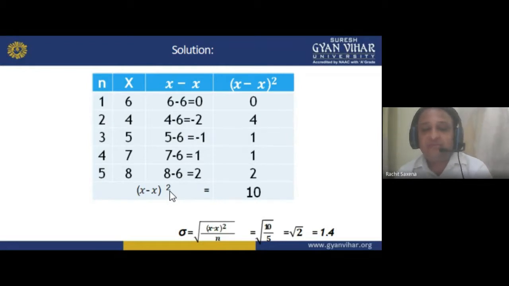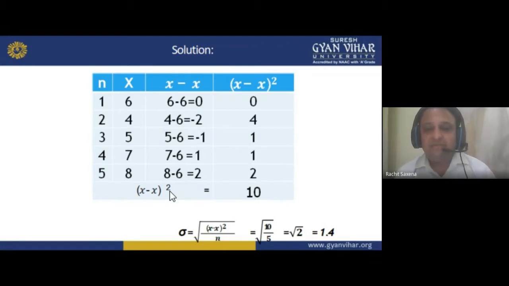And the fifth value is 8 minus 6, you get 2. Now take a square of all the deviations. So first we calculated the mean, the total of the numbers divided by how many numbers we have.